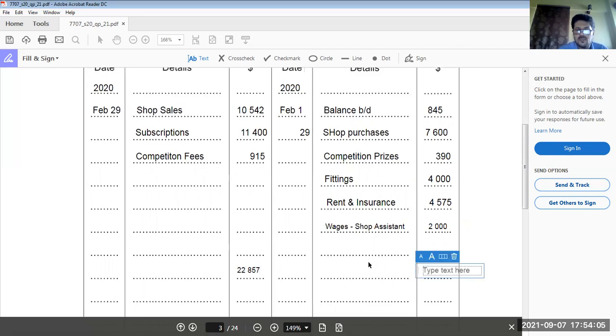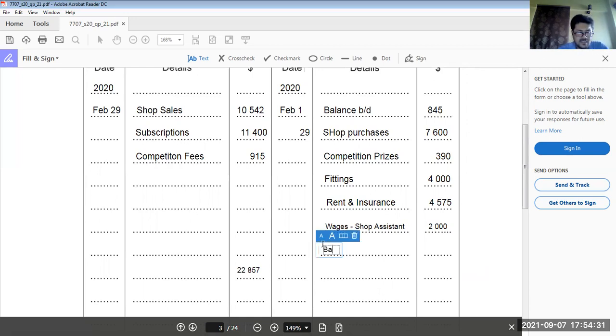So let's see. 7 minus 845 minus 7,600 minus 390 minus 4,000 minus 4,575 minus wages, yes, is 3,447 c/d on the credit side.